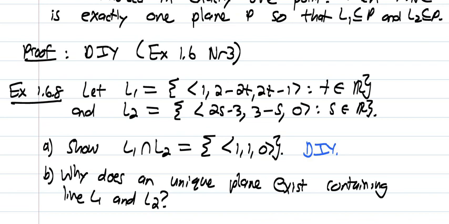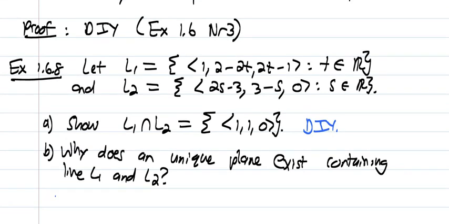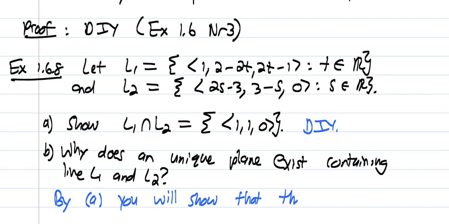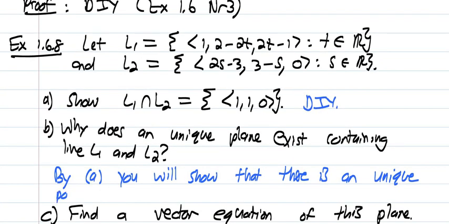All right. Now another question then is, why does a unique plane exist containing both line 1 and line 2? All right. And now we can explain this beautifully. We can say by A, you will show that there is a unique point on both lines.